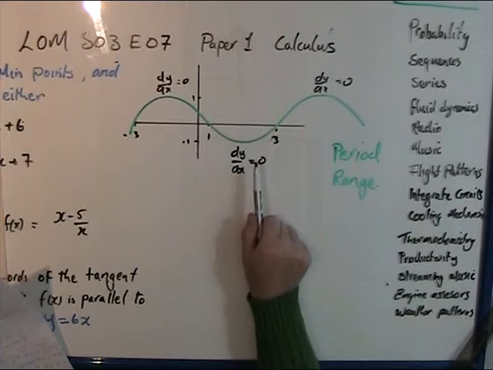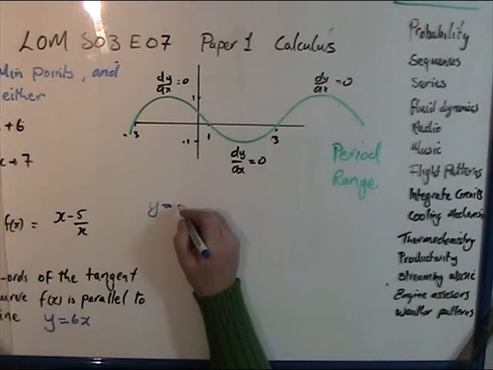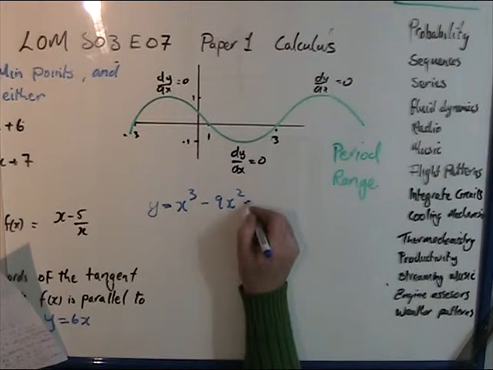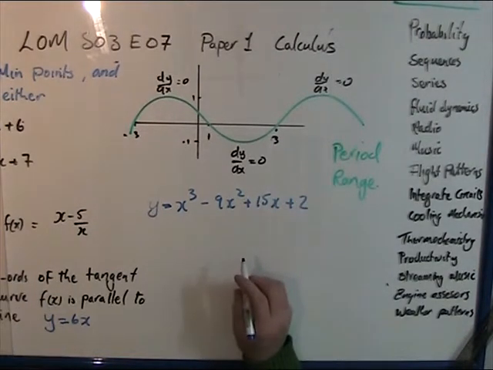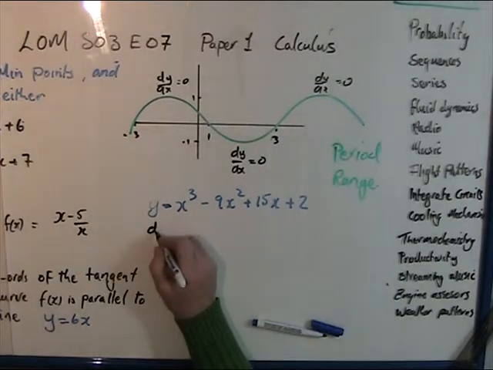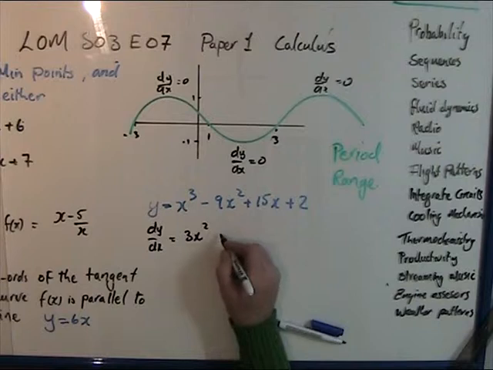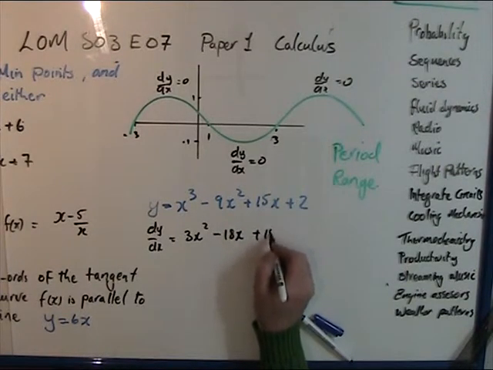By observation I can tell you which one is which. But if you're just given the function, say y is equal to x cubed minus 9x squared plus 15x plus 2, you know that the derivative, dy/dx, is equal to 3x squared minus 18x plus 15.